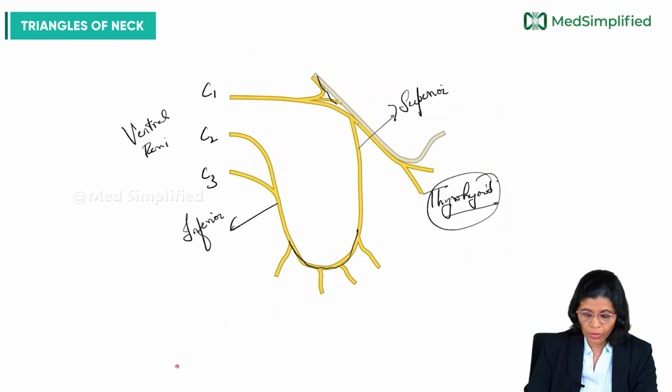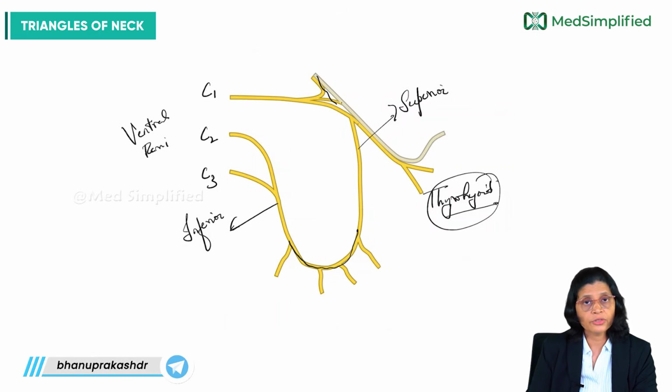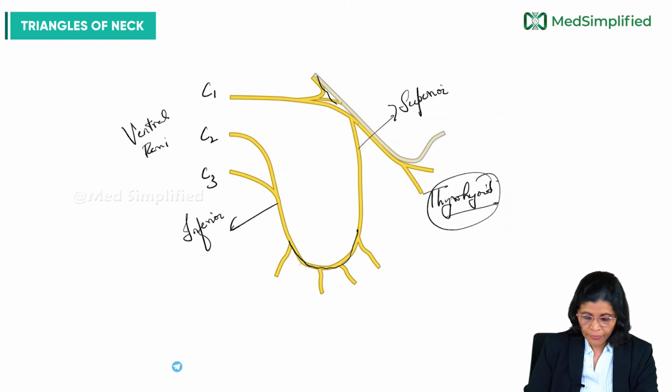The fibers run along with it, and from there the descending branch contributes to the formation of the ansa. The inferior root is contributed by C2 and C3 spinal nerves. They wind around here and both join, forming this U-shaped loop which we call the ansa.